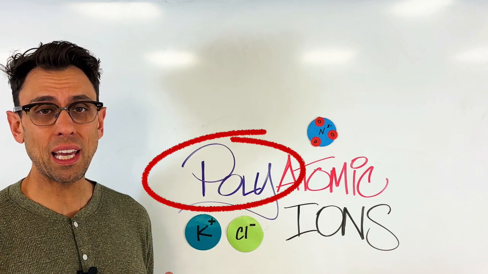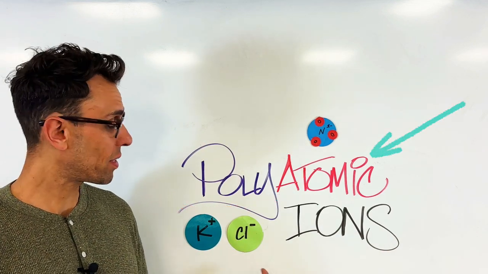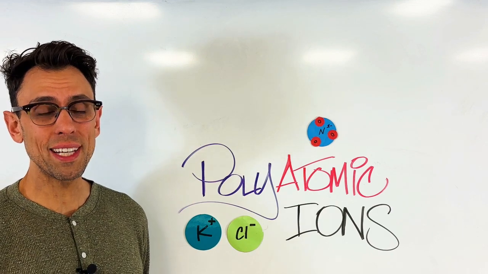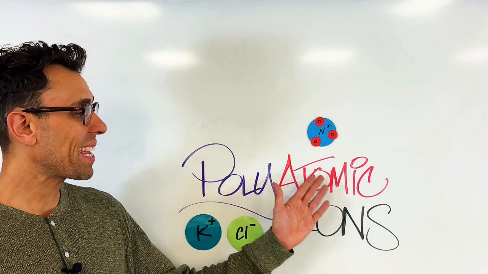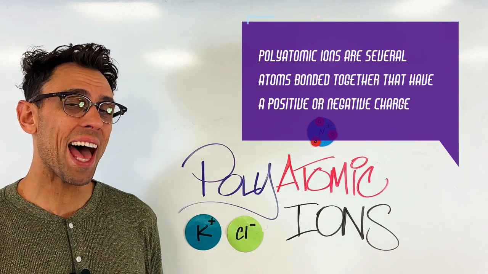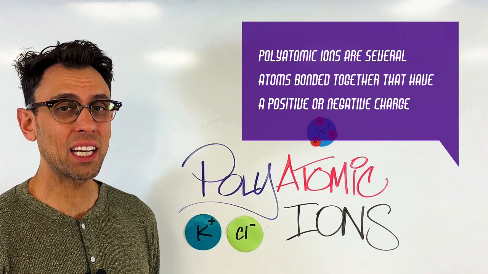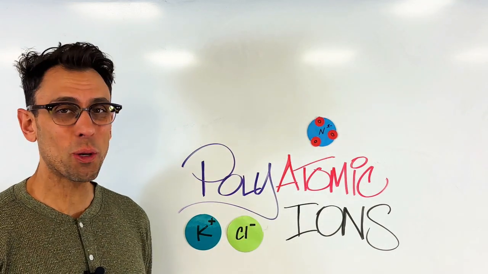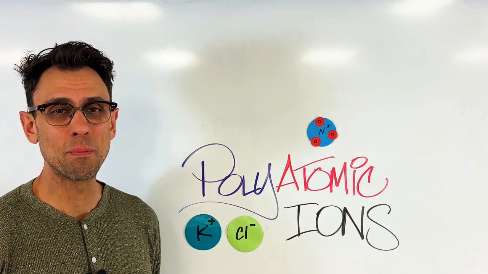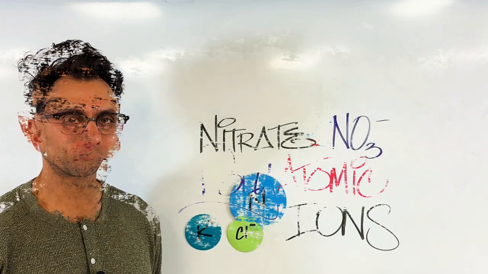Poly means many, and atomic means atoms. So we're not talking about single atoms with a charge here. Instead, we're talking about many atoms that are ions. In other words, groups of many atoms clustered together with either a positive or negative charge, like this nitrate polyatomic ion right there. Okay, let's look a little bit deeper at a couple examples.